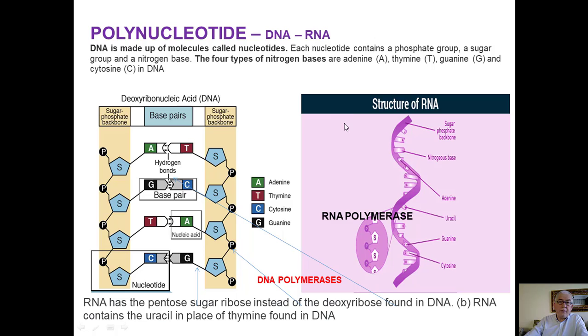DNA and RNA have a polynucleotide structure. DNA is made up of molecules called nucleotides. As I told you, each nucleotide contains a phosphate group, a sugar group, and a nitrogen base. The 4 types of nitrogen bases are adenine, thymine, guanine, and cytosine in DNA, but thymine is changed to uracil in RNA.